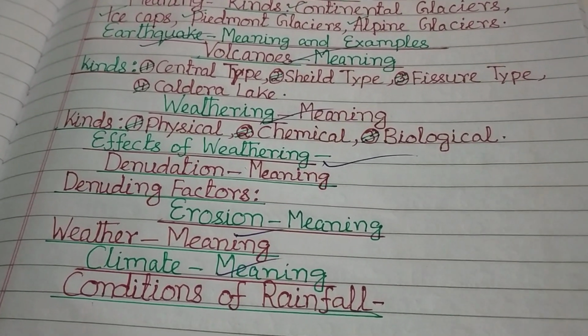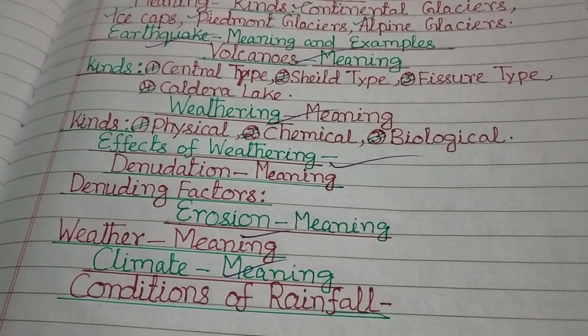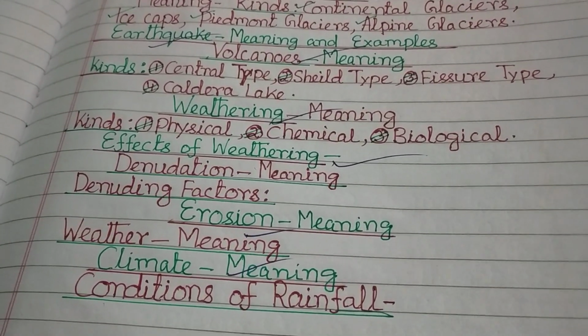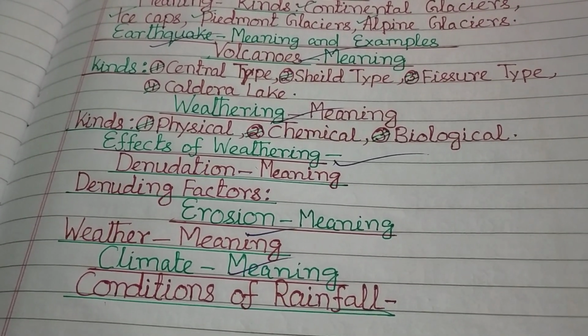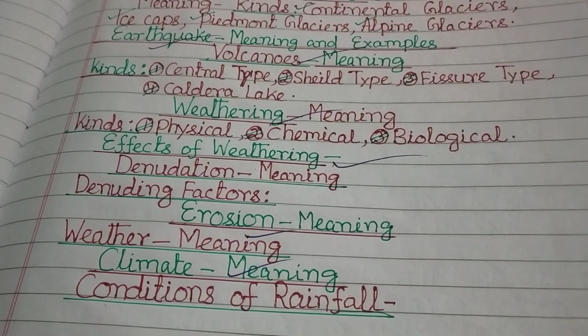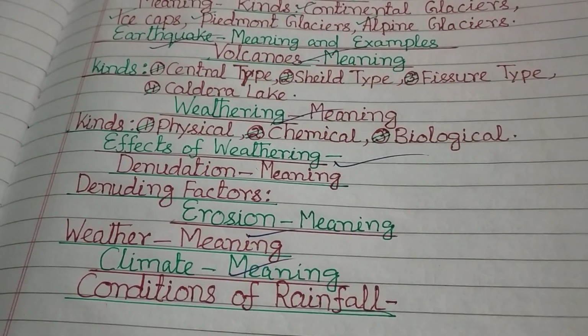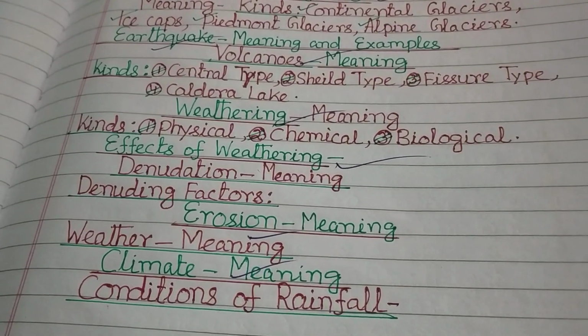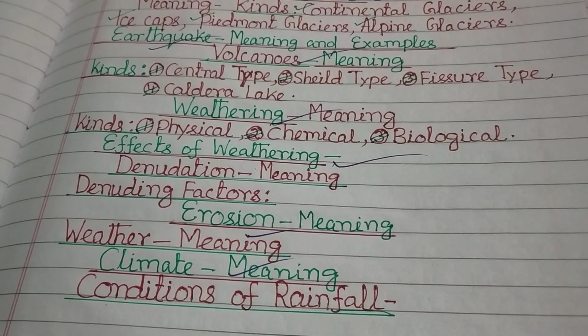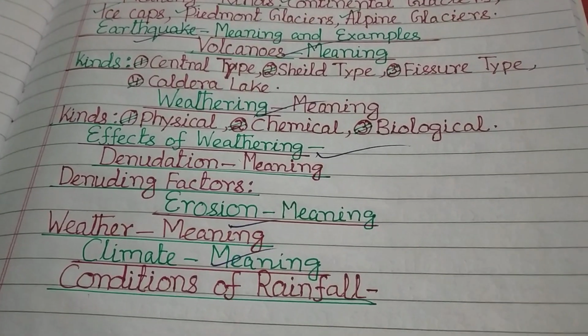The act of erosion is performed by a number of natural agents such as running water, groundwater, moving ice, wind, waves, and currents of the sea. These agents use the rock material as cutting tools.